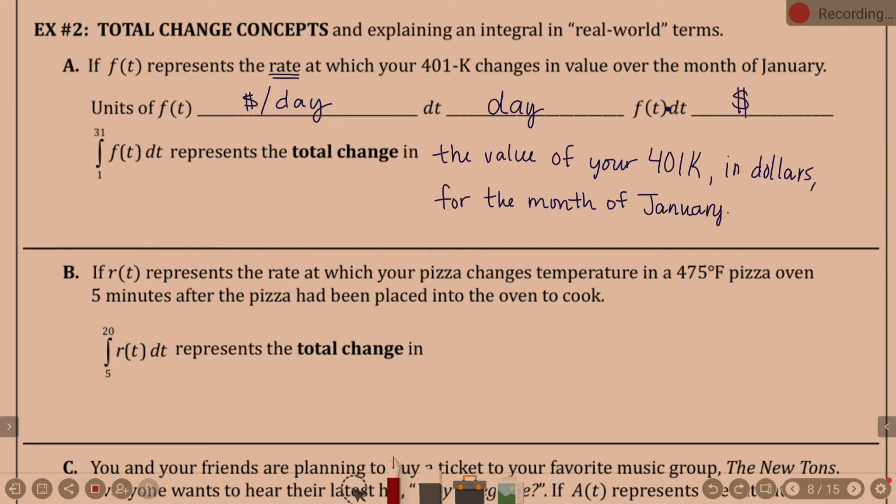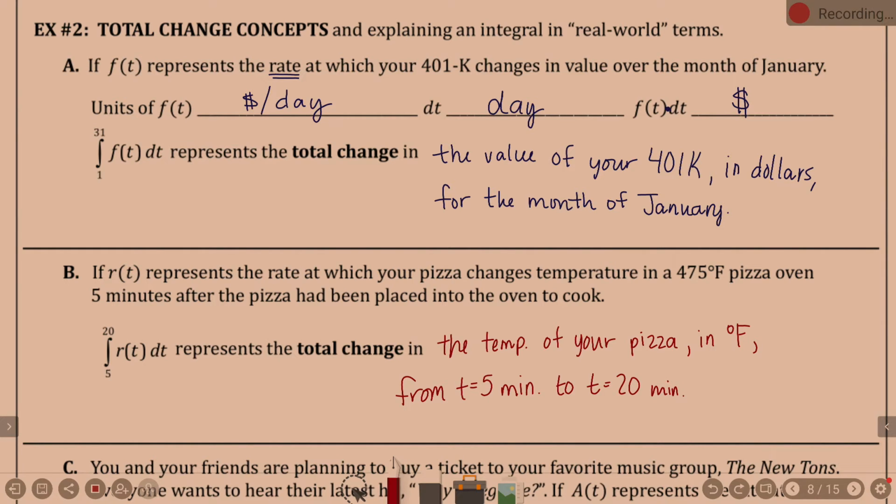So it represents a change in the temperature of your pizza, and I am going to say in degrees Fahrenheit, from T equals 5 minutes to T equals 20 minutes. And I'm writing that quick, and so it's getting kind of sloppy, but.